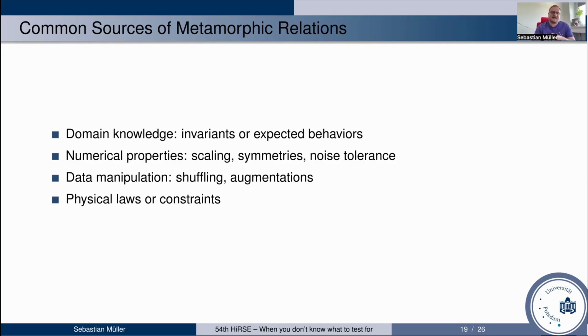But if it's actually sticking to the road, then you might need to see some changes. You could also use regular data manipulation techniques such as shuffling or domain-specific augmentations. Or, if you're back in materials science, for example, you could use physical laws or constraints that you know must be present in a physical system under test.